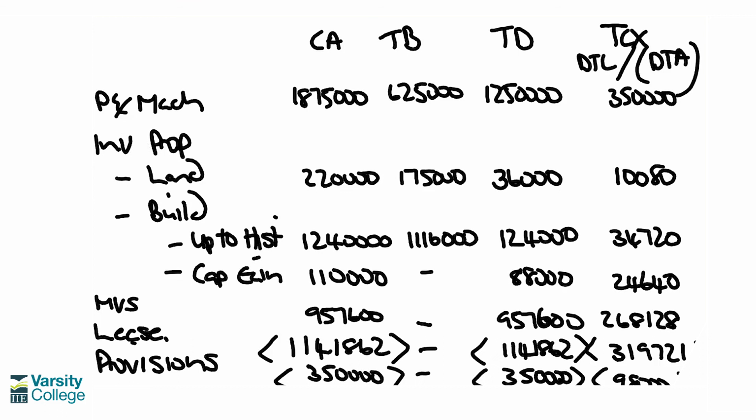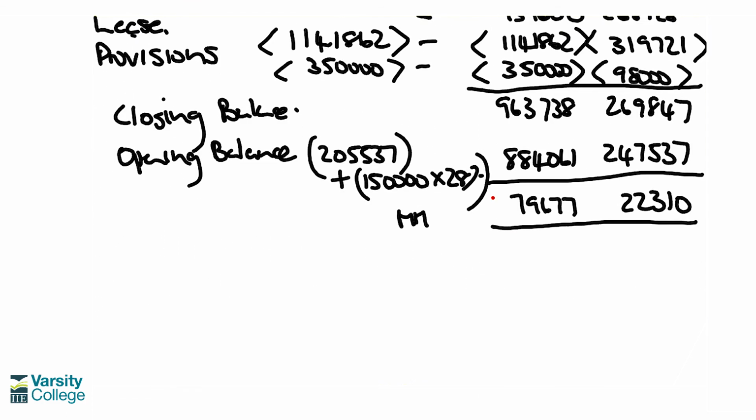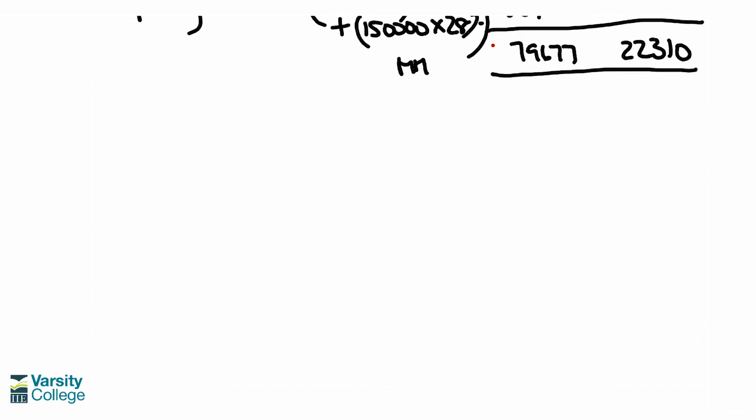Okay, so let's go back. Let's put it into the DT calculation. So 79,677, I'm now going to just erase. There we go.